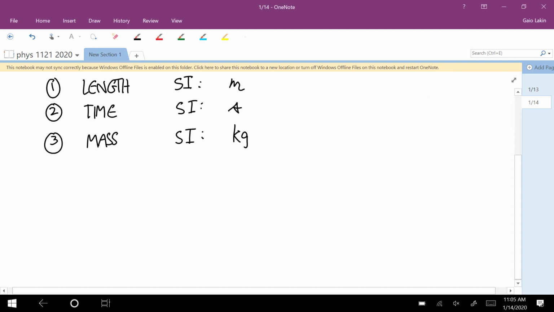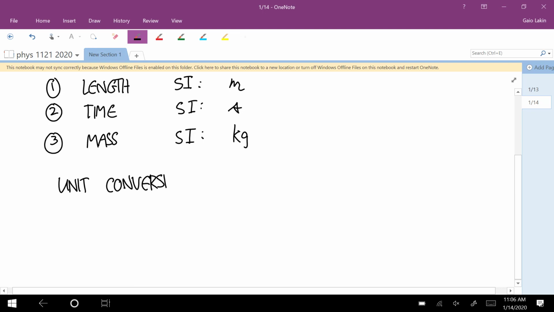How many people have had a class where you've done unit conversions? Probably chemistry, almost everybody, and maybe everybody, and some people's arms are tired. All right, well, so unit conversion, the idea is just like this.